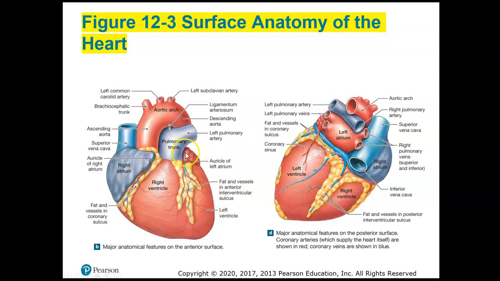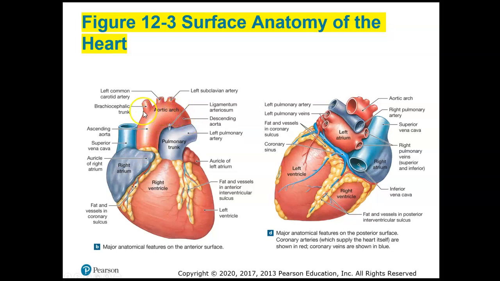Then we have the left atrium, a little portion of it, the left ventricle, and in between the 2 ventricles, we have the interventricular sulcus, which also contains some fat and blood vessels. For the major arteries and veins, the major artery is the aorta, which is divided into the ascending aorta, then the aortic arch, and the descending aorta.